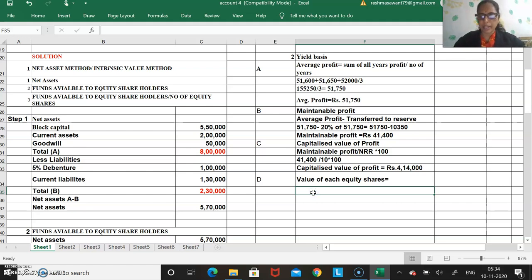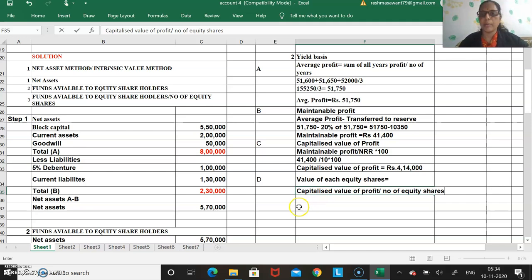Formula for that: capitalized value of profit divided by number of equity shares.